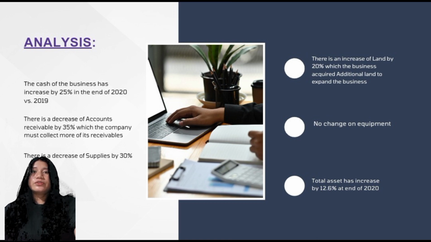There is also a decrease of supplies by 30%. There is an increase of land by 20%, which means the business acquired additional land to expand. In the equipment, there is no change, and their total assets have increased by 12.6% at the end of 2020.